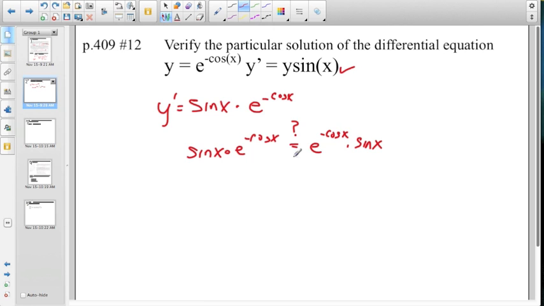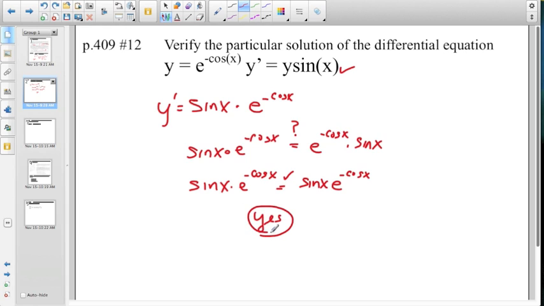We could rearrange this just to make the point, and we can see that those are, in fact, equal to each other. So again, yes. E to the minus cosine x is a particular solution to this differential equation.